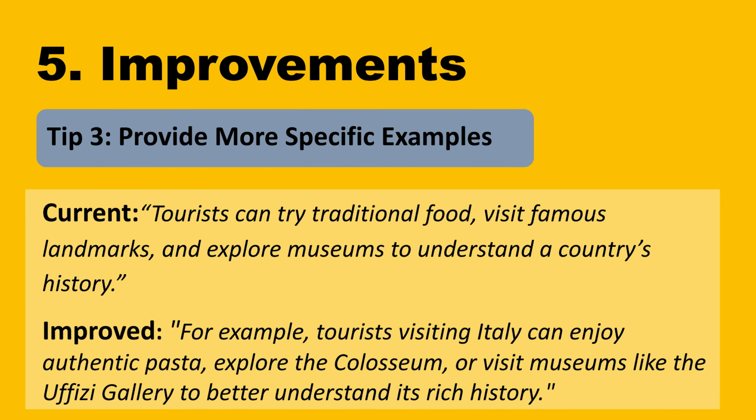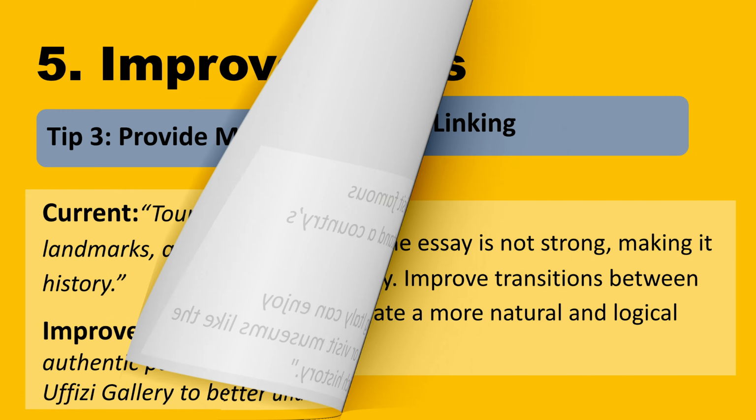Current: Tourists can try traditional food, visit famous landmarks, and explore museums to understand a country's history. Improved: For example, tourists visiting Italy can enjoy authentic pasta, explore the Colosseum, or visit museums like the Uffizi Gallery to better understand its rich history.